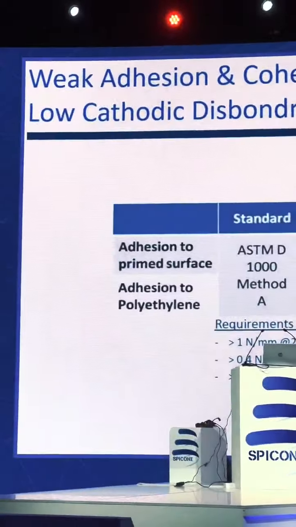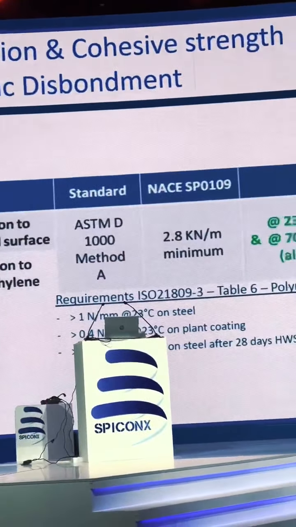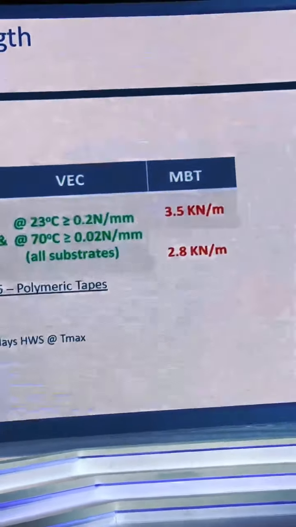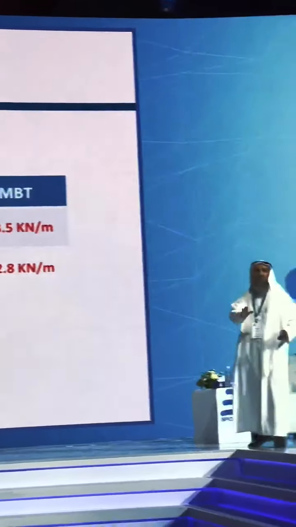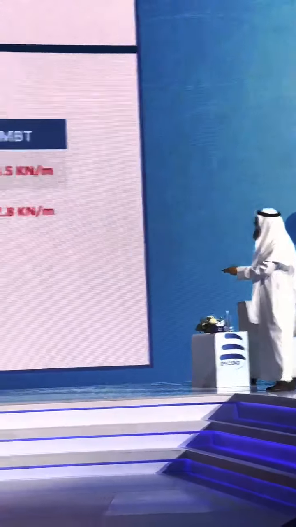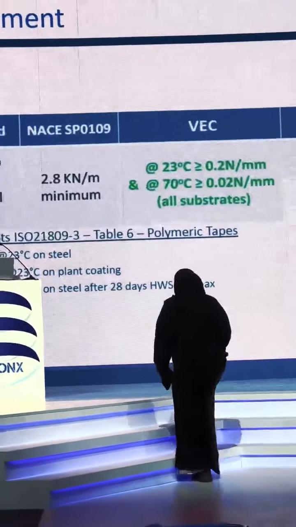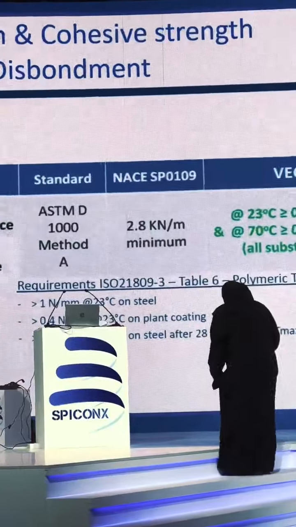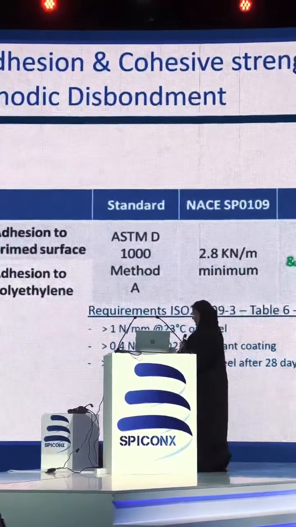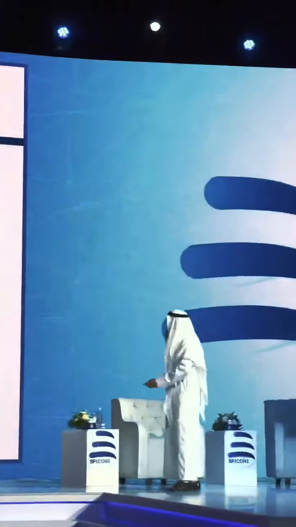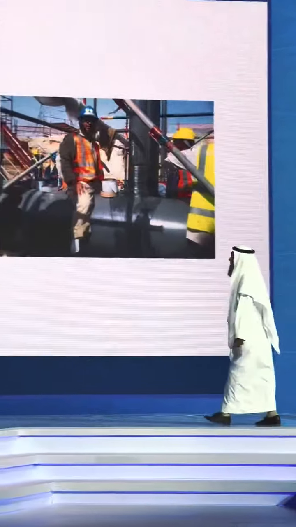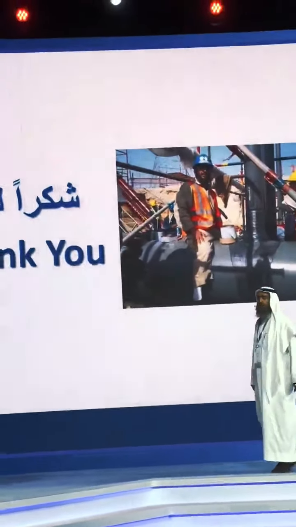Their result is 0.2, non-acceptable by both, and you approved it for your projects. You approved this material which is not acceptable by any standard. It is 20% of the ISO and less than 10% of the NACE, whereas the Mishback tape is 3.5 on steel and 2.8 Newton per millimeter on coating and polyethylene tape. Thank you.